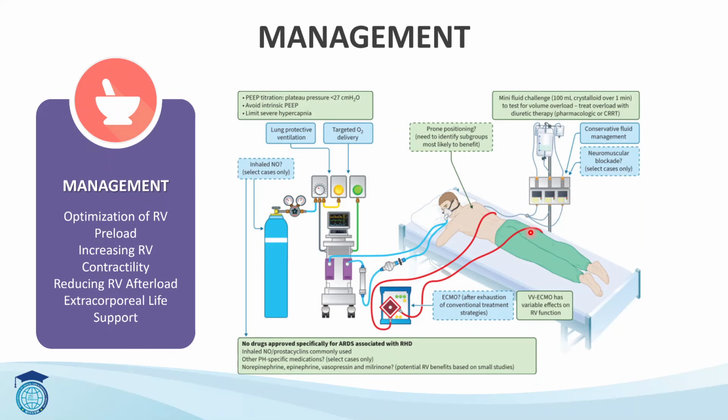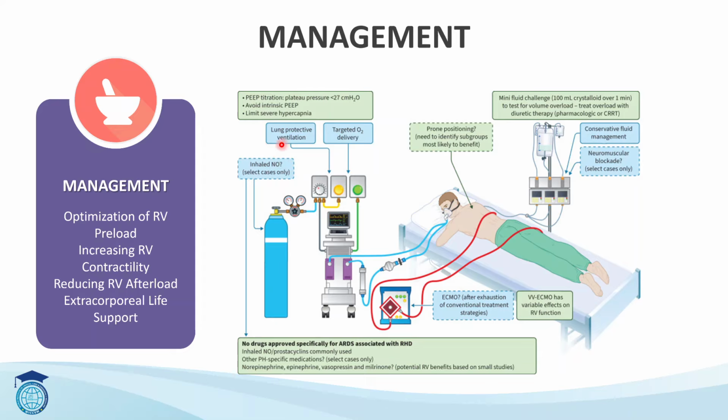This will show you the different modalities that we use in terms of management of RV dysfunction in relation to our interventions for ARDS. Let's start from lung protective ventilation. The blue rectangles are the interventions that we do in ARDS patients, and the green is what we're going to have in patients with RV dysfunction.